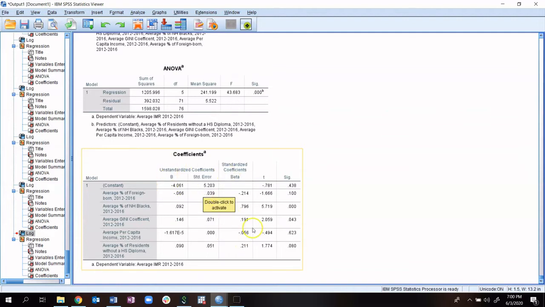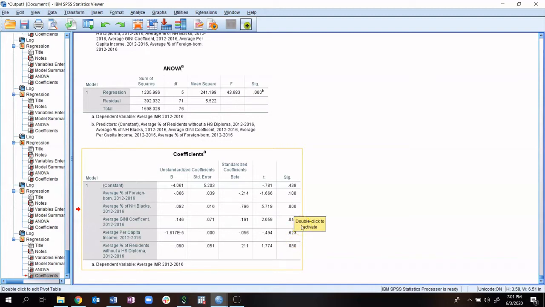If we look at the fully adjusted model, we have our coefficients in the table, and we also have our significance values. Again, we're only going to focus on the significance values that are less than 0.05. In this case, we'd focus on non-Hispanic black and the Gini coefficient, and that is it.